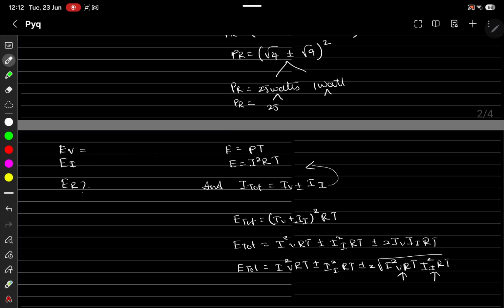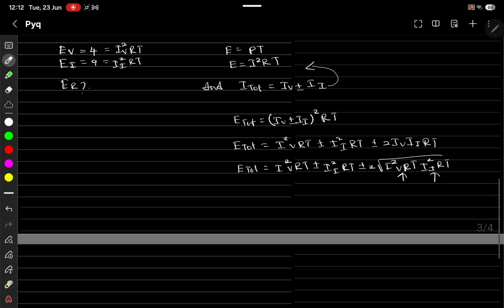What I mean is, EV they have given some number, let's say 4, and EI let's say 9, where EV is equal to IV² RT and EI is equal to II² RT. So we can directly substitute these EV and EI values here. This is simply E total equal to EV plus or minus EI plus or minus 2 √(EV EI). This is the final formula.